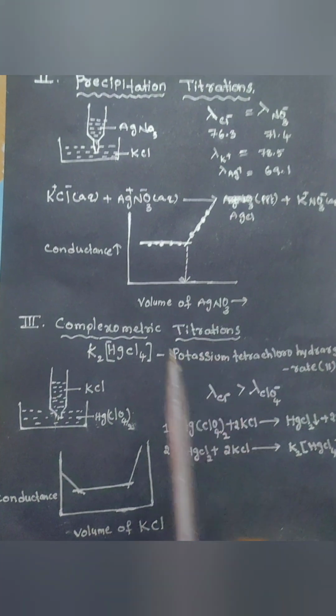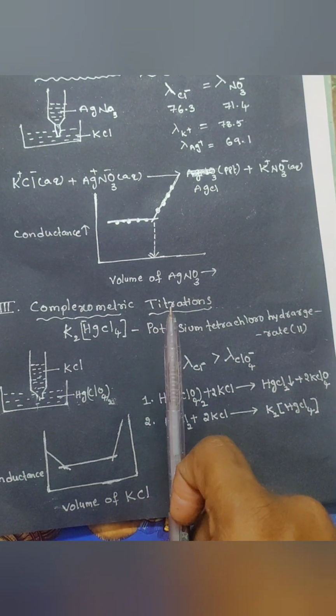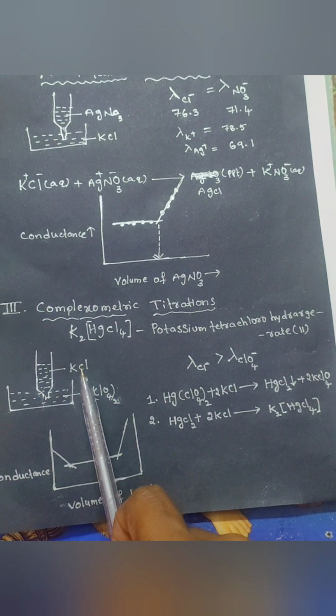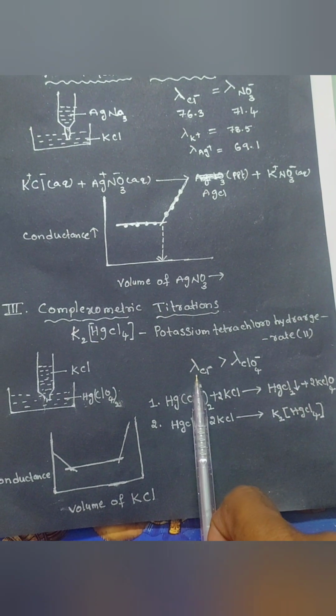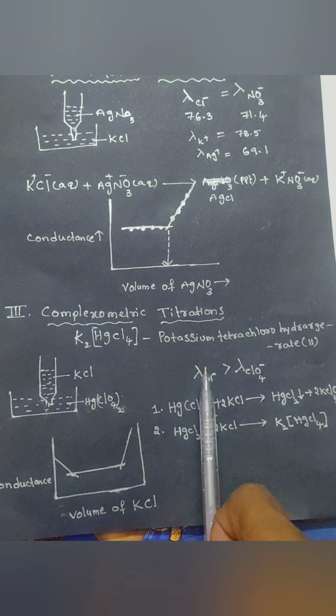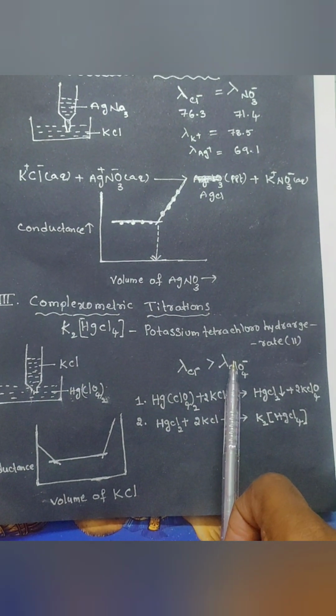Now we go for the complexometric titrations by taking the reaction between potassium chloride and mercuric perchlorate. Here we have to remember that the molar conductivity of the chloride ions is slightly greater than the molar conductivity of the perchlorate ion.